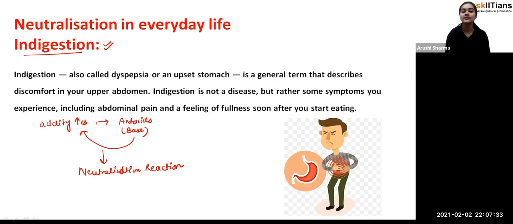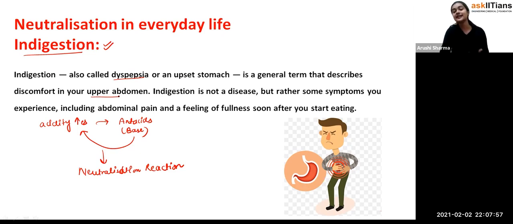Indigestion, also called dyspepsia or an upset stomach, is a general term that describes discomfort in your upper abdomen, exactly in your stomach. Indigestion is not a kind of disease, but whenever you eat something that is not good to eat at that time, the acidity level increases in your stomach.